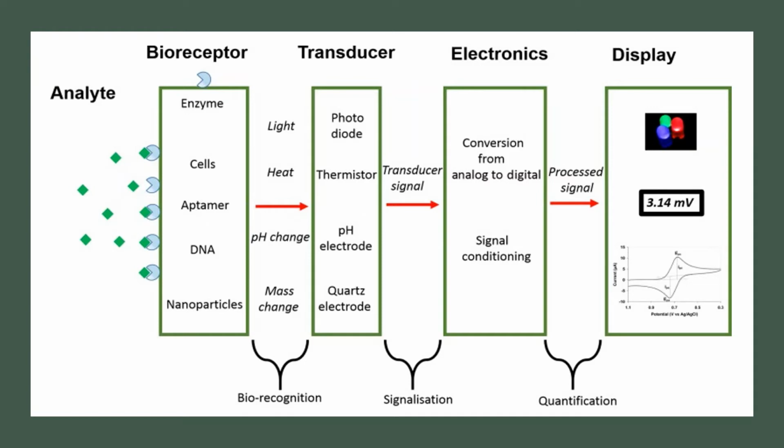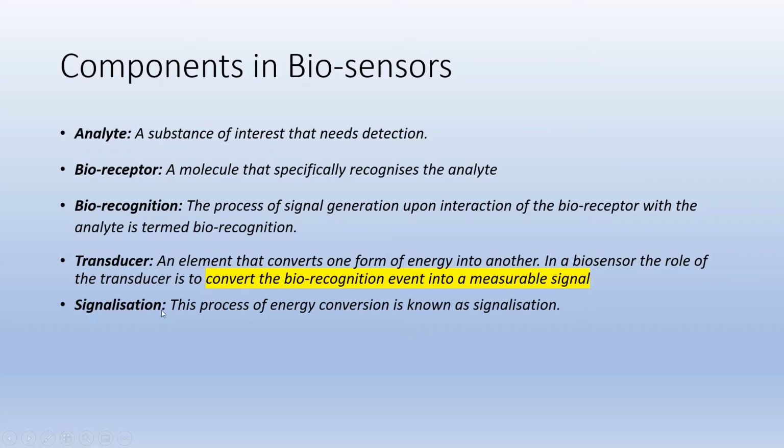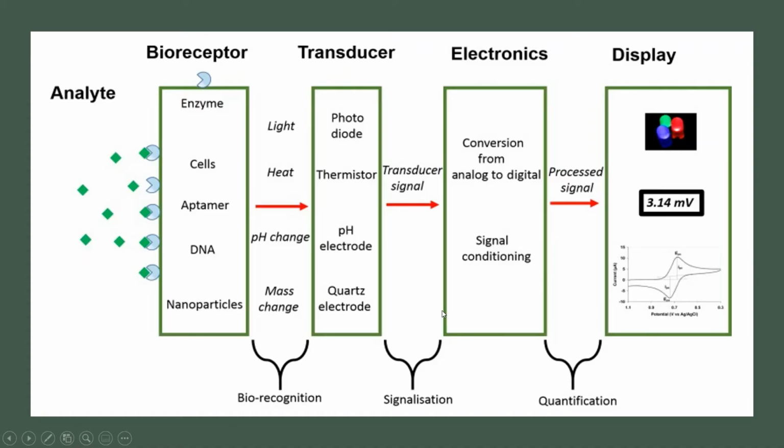Now let us see the next step, that is signalization. Signalization is the process of energy conversion and is known as signalization. That is, these outputs of the transducers, that is, when the light is read by the photodiode, it gives some output. That output is known as a signalization. That is, when we measure the heat through a thermistor, we'll get a temperature reading.